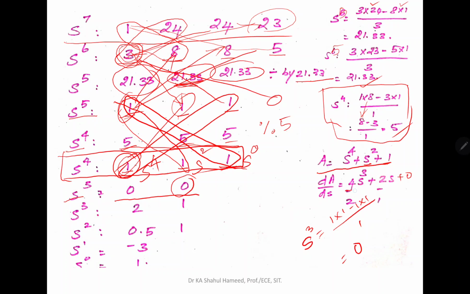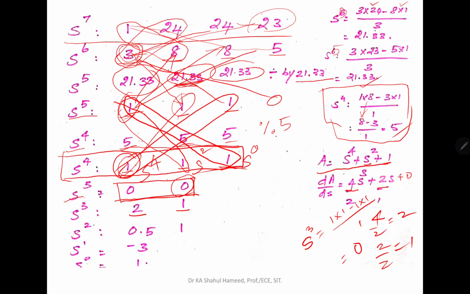Here the coefficients are 4 and 2. Simply I am replacing the zeros with the coefficients 4 and 2. These two are divisible by 2, so 4 by 2 is 2 and 2 by 2 is 1. So instead of 4 and 2 I am just putting 2 and 1.